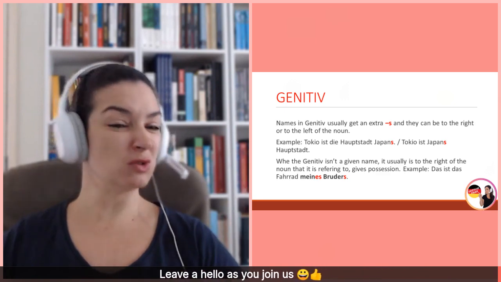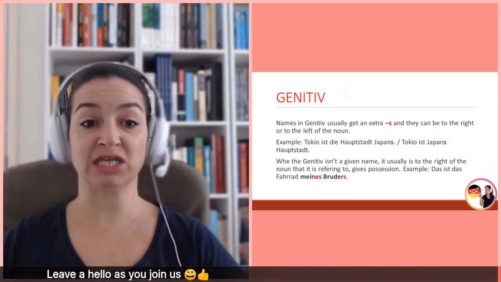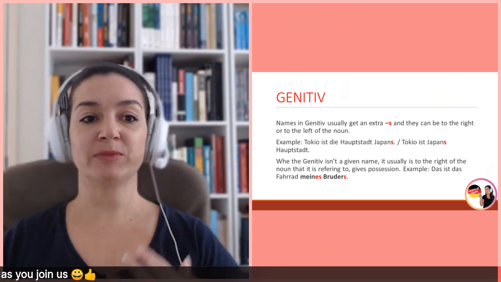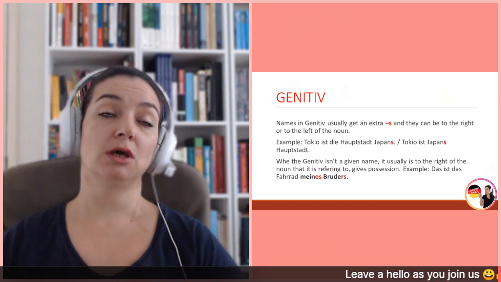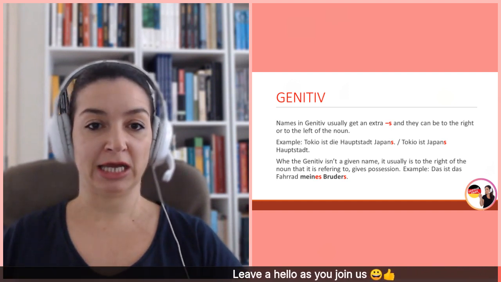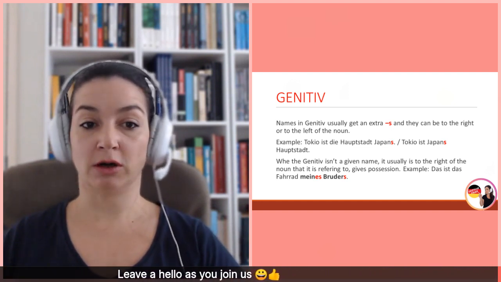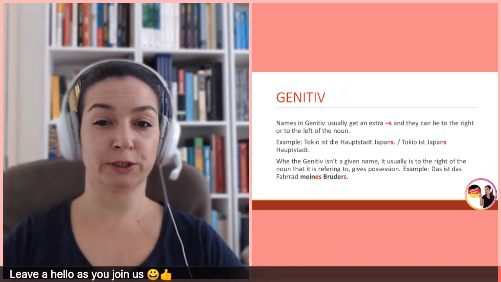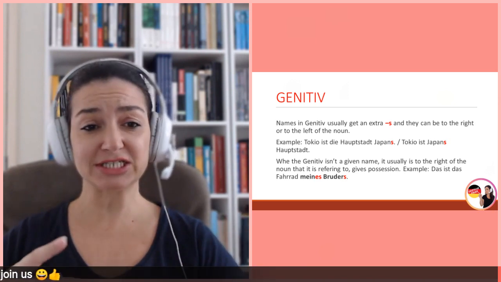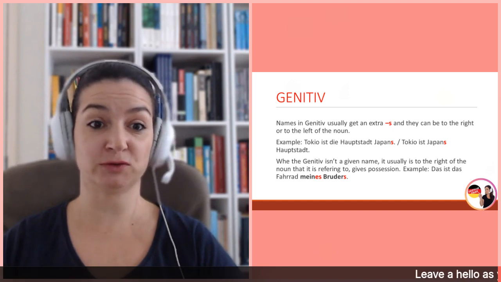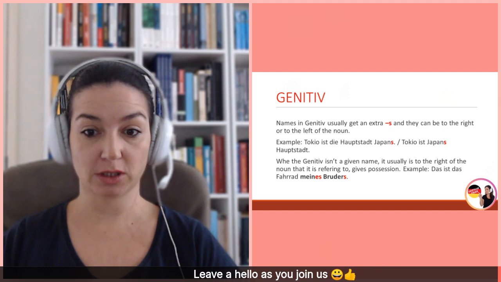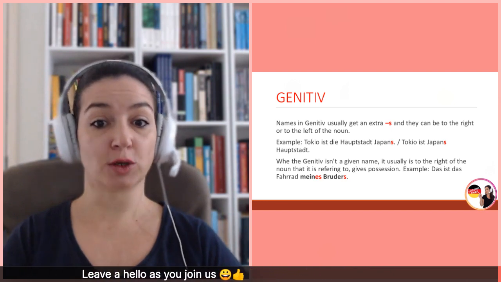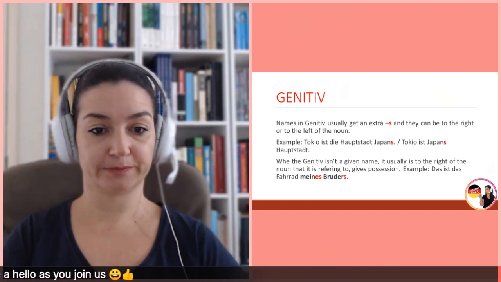It's what most people use in daily life, but you will find genitive in the news, in books. If you're going to do a Goethe or any type of certificate, you probably are going to have to know how to use genitive. So let's continue here.